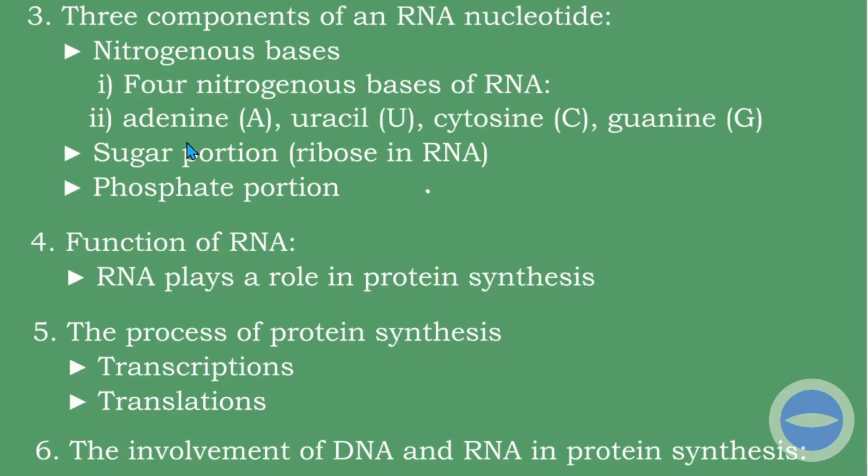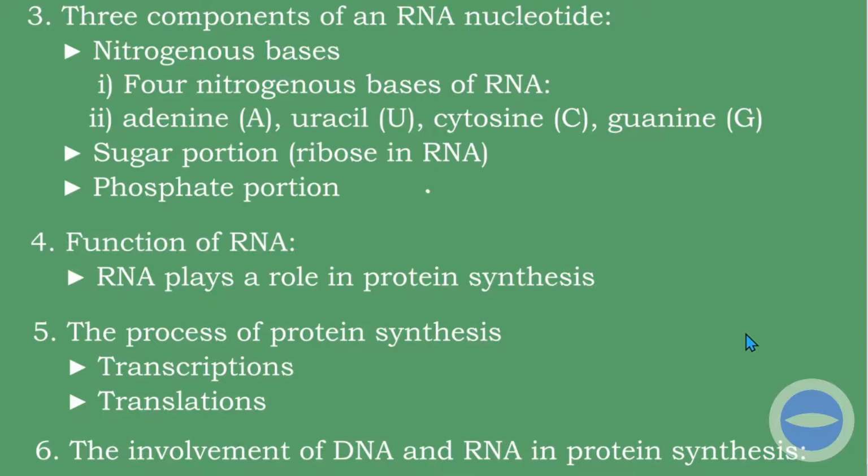So another difference is the sugar portion. The sugar portion of an RNA is ribose sugar, while the sugar portion of a DNA is deoxyribose sugar. This is another difference between RNA and DNA.